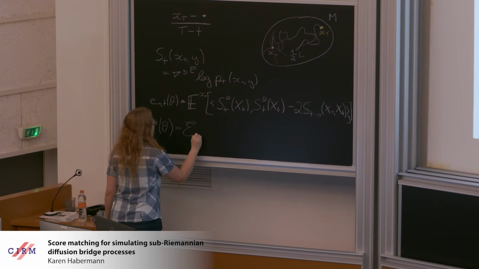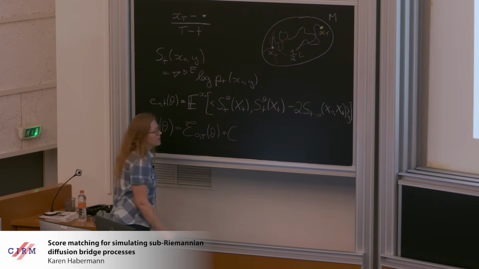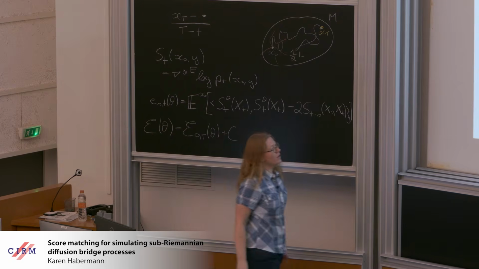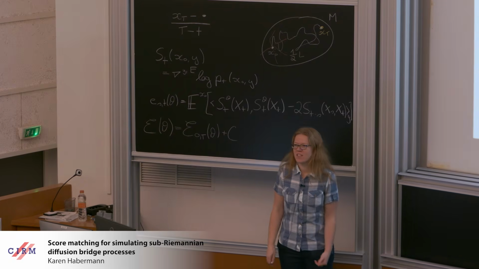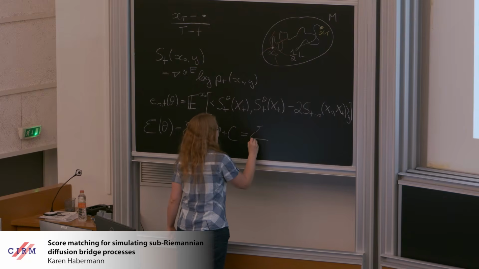Then by the argument which we just had, we can write it as follows, where curly E_t theta is just the integral from 0 to t of this little e_s, which we defined. And then I'll write it up now because it's going to be helpful in a moment.